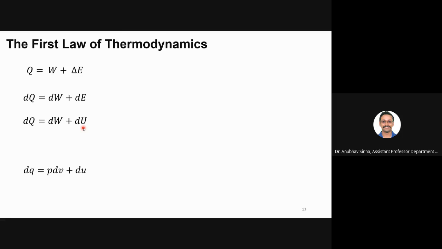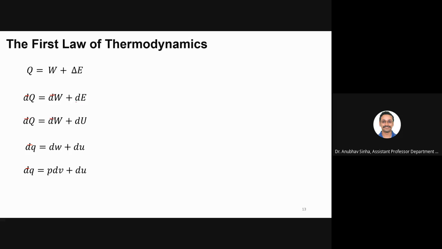And we can also write this in intensive form. This is not correct actually. I need to write it like this. So these are all inexact differentials, right? I missed this, anyway, I'll do the corrections. Work is also inexact. dE is exact because it is a property of the system and it is a point function.